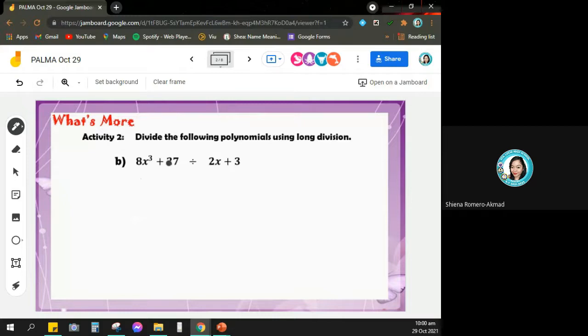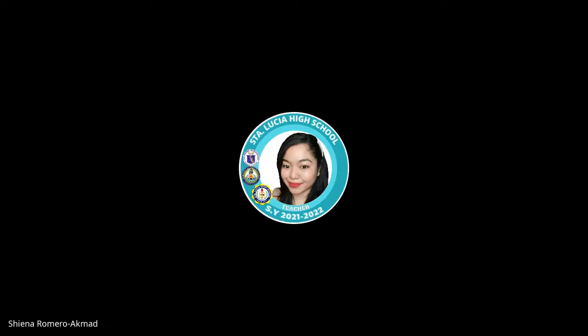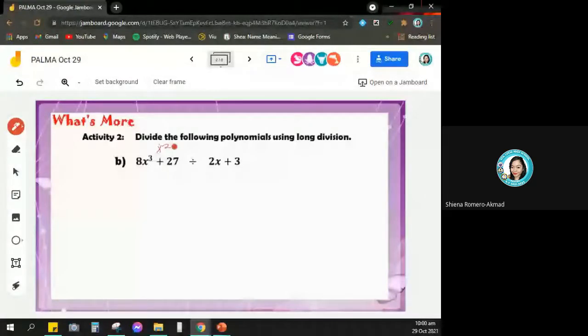So, ano yung nawawala? Wala tayong x squared, tsaka wala tayong x. Kaya meron na tayo is x cubed and yung constant.